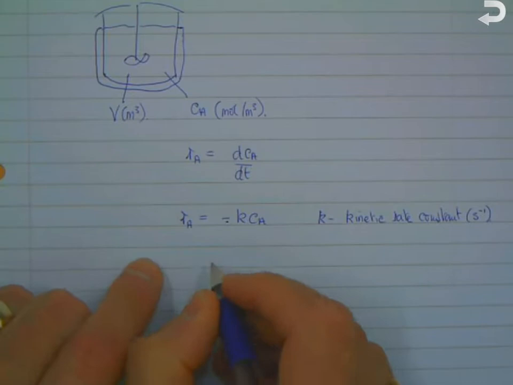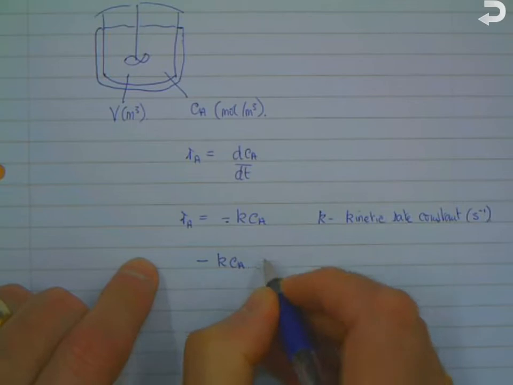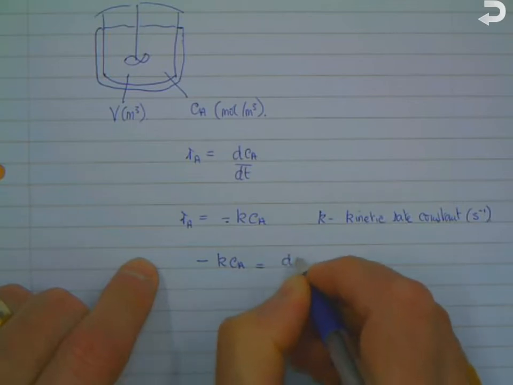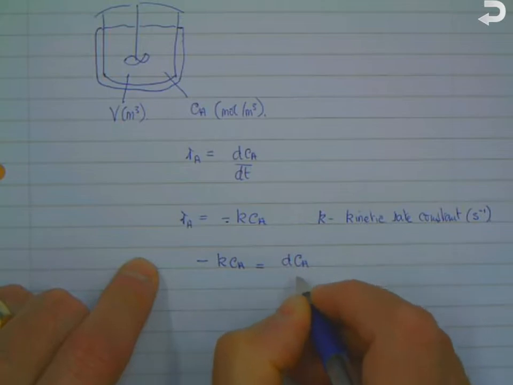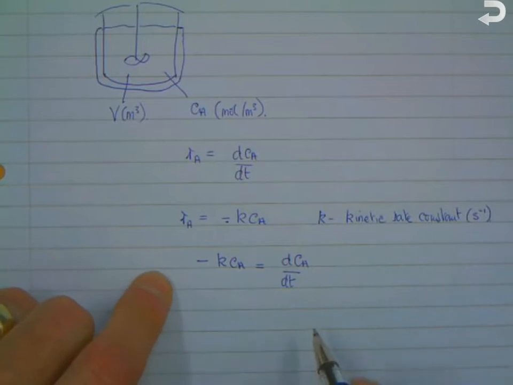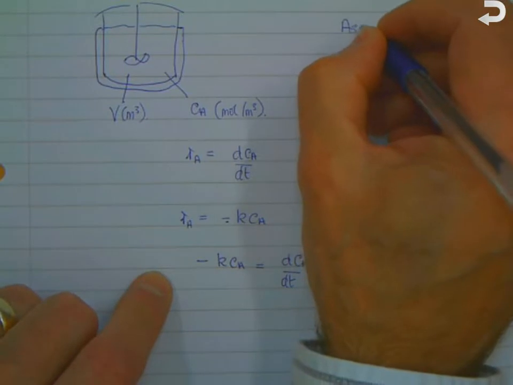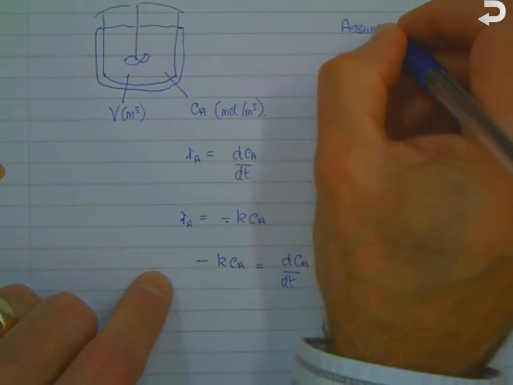And if we substitute that into there, combine the two equations, we get that minus K times Ca is equal to dCA by dt. Now I've got to make a further assumption in order to integrate that expression.